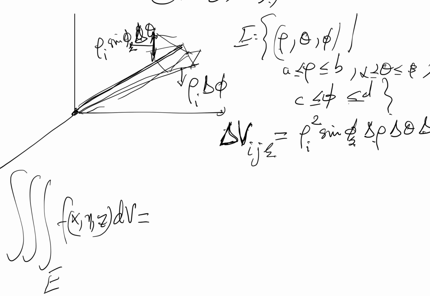That way, if you want to approximate, you just use the Riemann sum by doing the summation three times. And then if you take the limit now, you can find the volume.